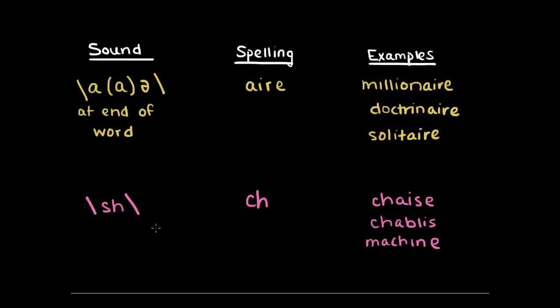And if this is at the end of a word, the sh sound at the end of a word, you can almost be sure it's going to be CHE every time, as in galoche, guilloche, or affiche. And this happens a lot, the CHE at the ends, a lot.